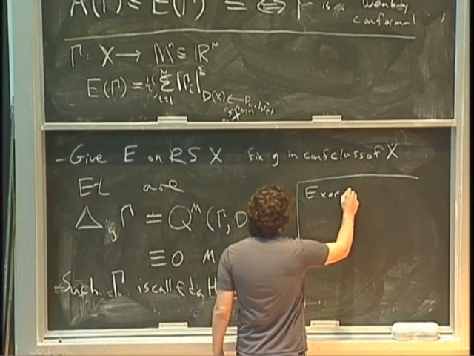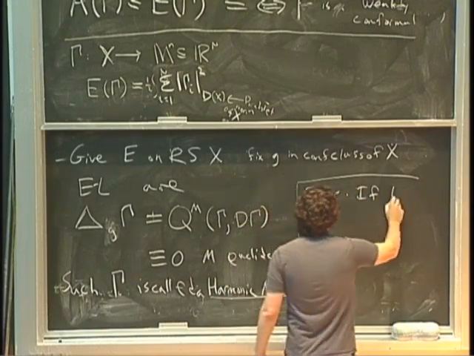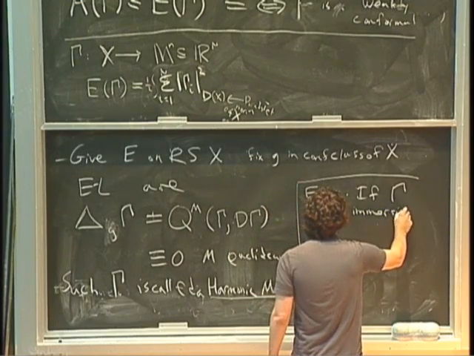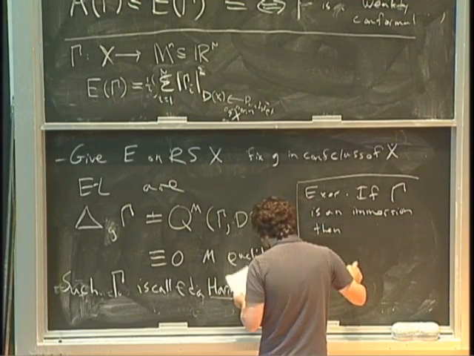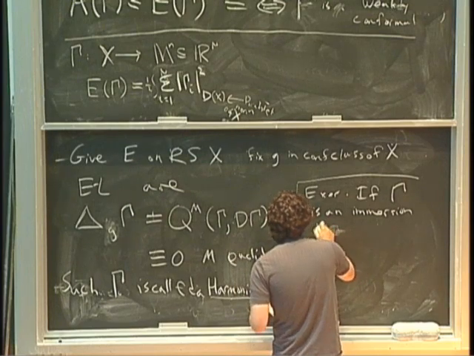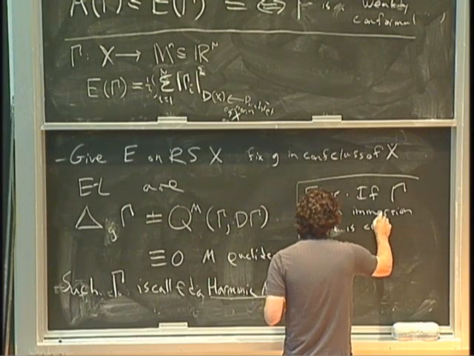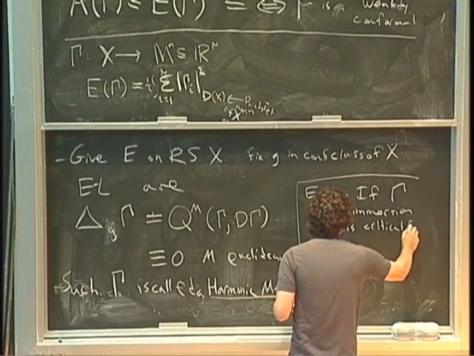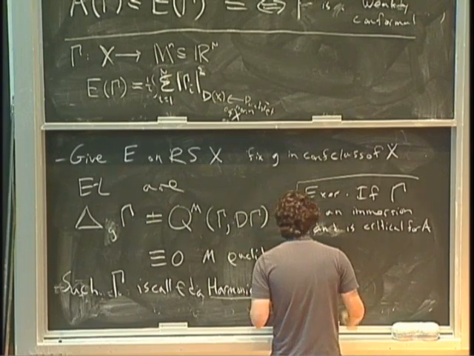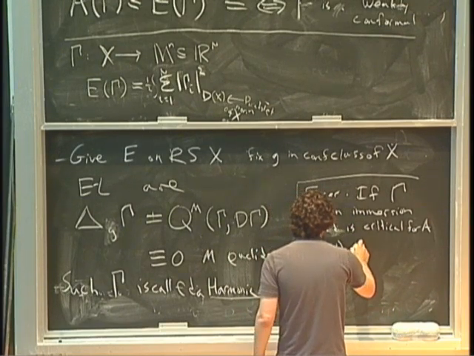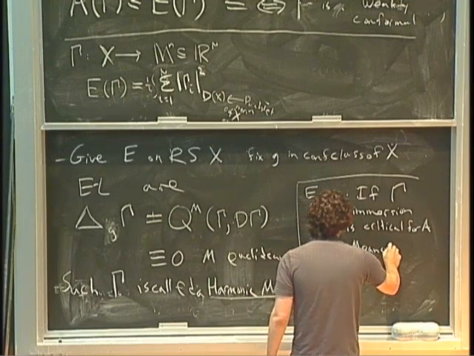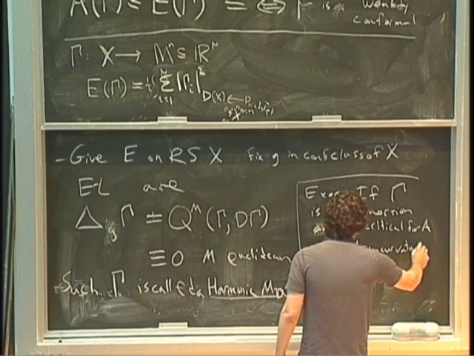So if gamma is an immersion, and is, say, critical for area, then this implies that, on the one hand, you should check that the mean curvature is identically zero.